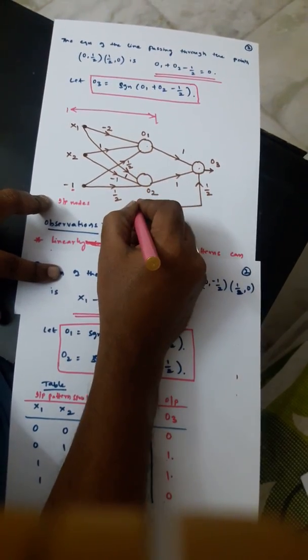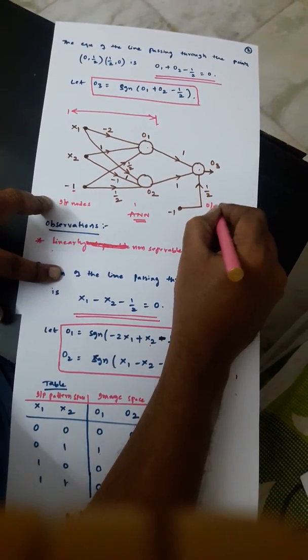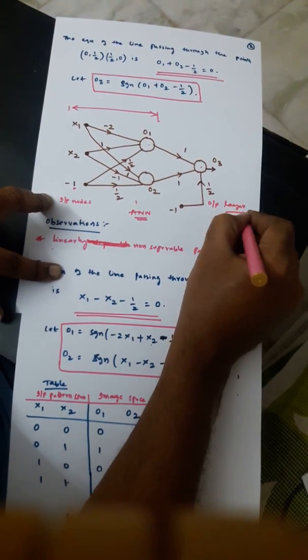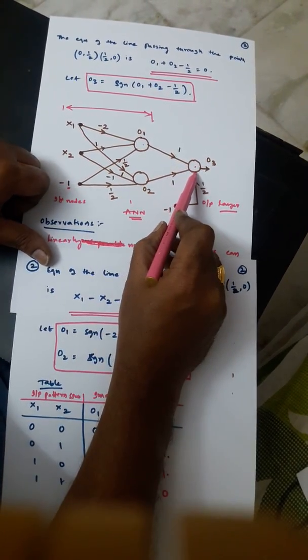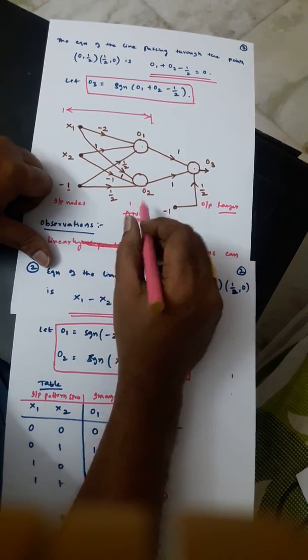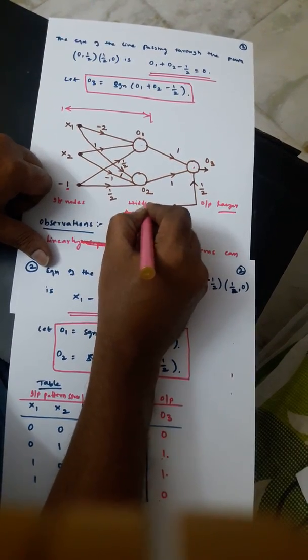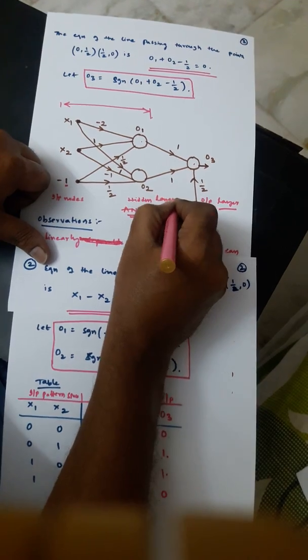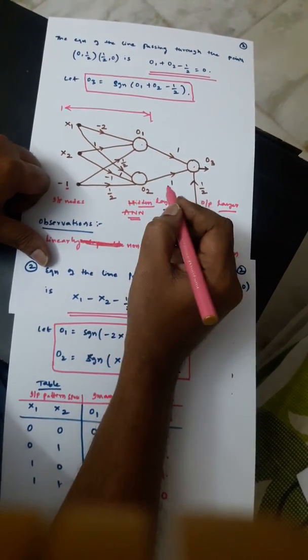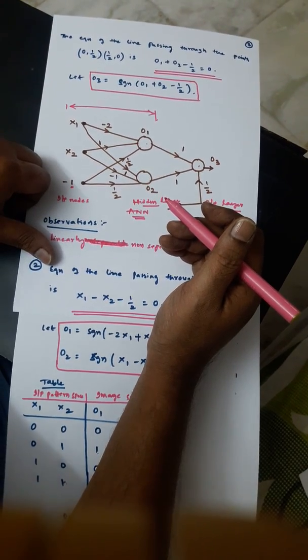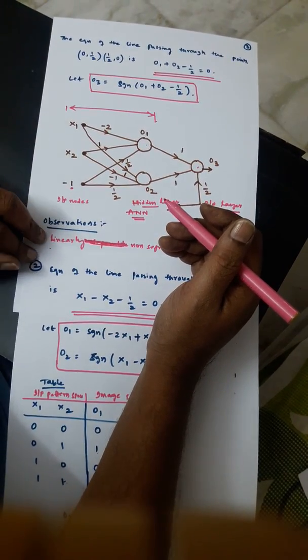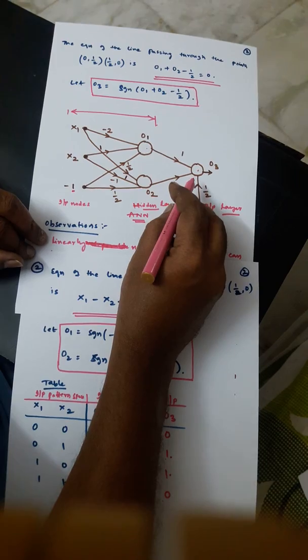This is the output layer of neurons. In between the input nodes and the output layer of neurons, you have another layer of neurons. You call it a hidden layer. Multi-layer neural networks have at least one hidden layer of neurons.